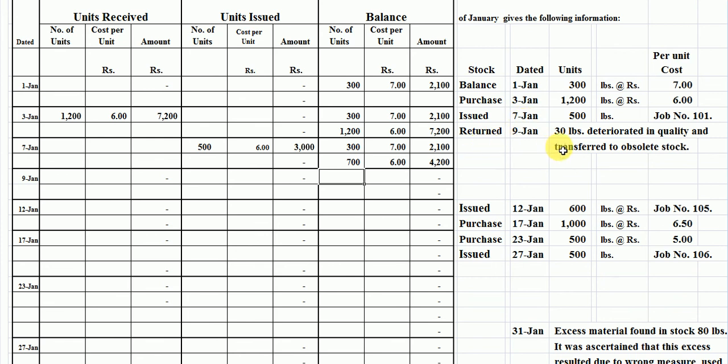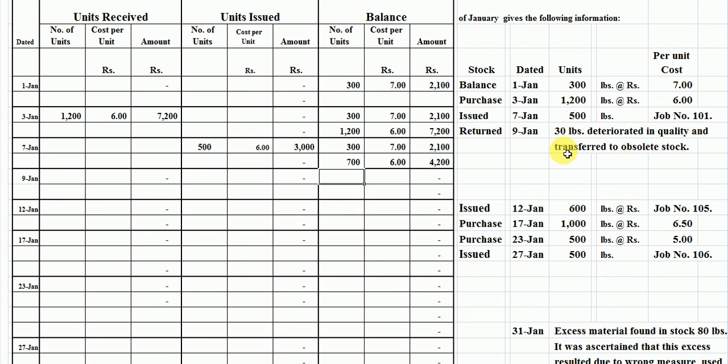Student, on 9th Jan 30 pounds deteriorated in quality and were transferred to obsolete stock. Now students, these materials we have to consume in production because this material is in bad form and out of order.